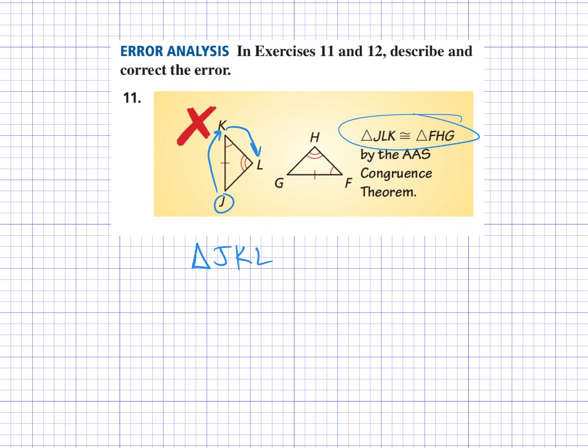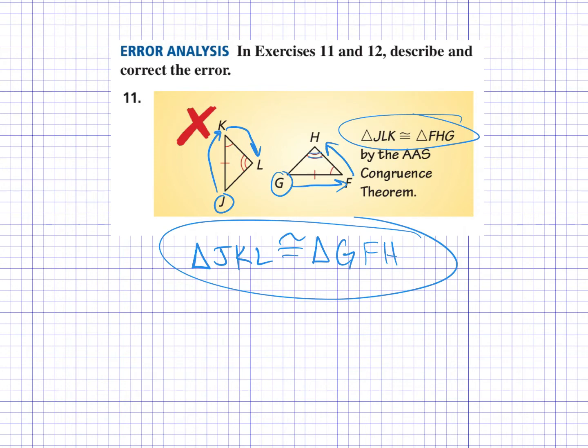So we're going to start at G then, because that doesn't have an angle there, angle G. And we're going to cross the single hash mark to F and then end up at the double angle hash marks. So this should be the correct order that you place everything.